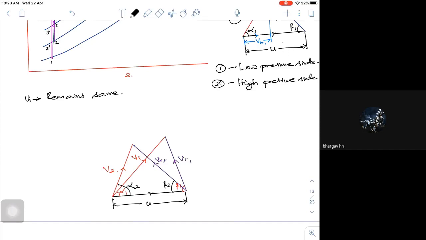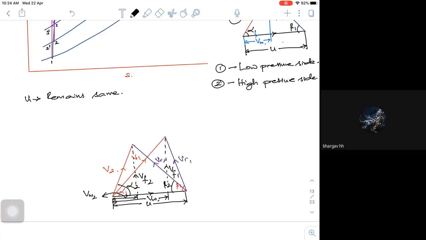So this will be your combined velocity triangle. At any given point, if I want to draw the VF1 and VF2, if I draw this, this is my VF1 and this will be my VW1. Similarly, if I draw a vertical line, this will be my VF2 and this will be my VW2 in this direction.